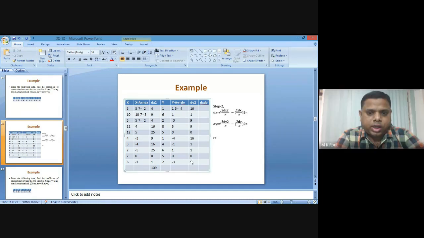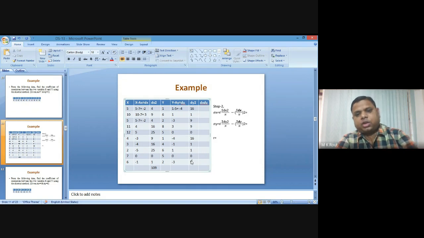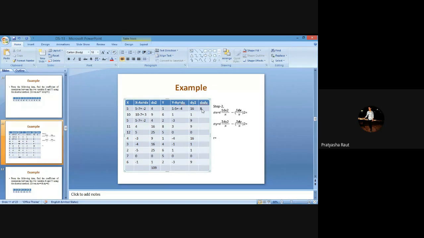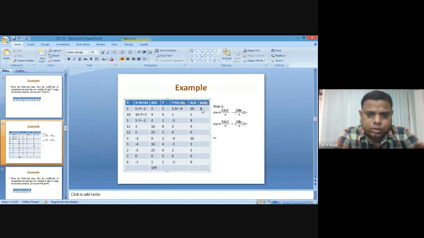Then you directly go for the multiplication of the deviation of the X series and the deviation of the Y series, that means the second column and the fifth column. That is minus 2 into minus 4, which is 8. Next, 3 into 1 is 3.